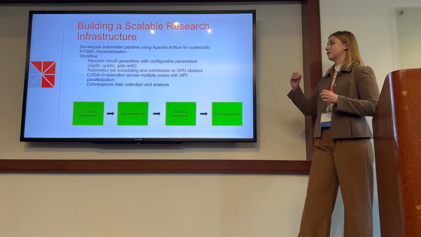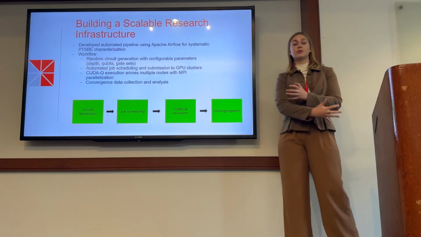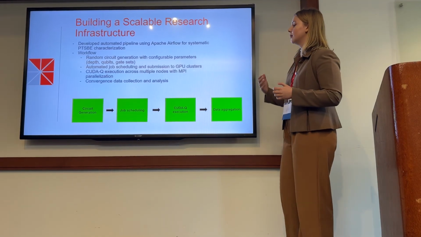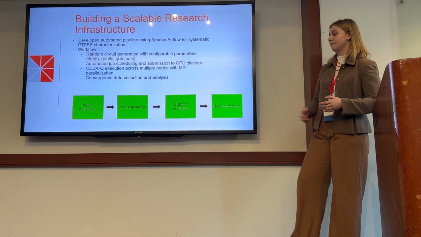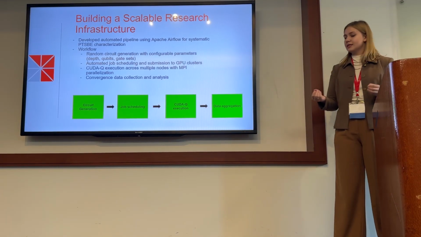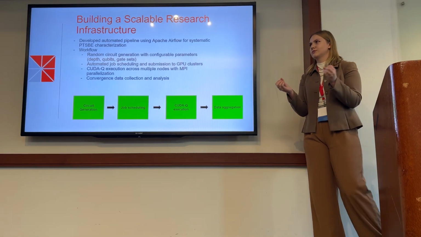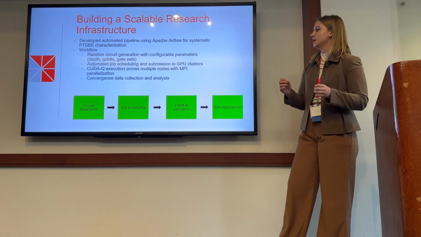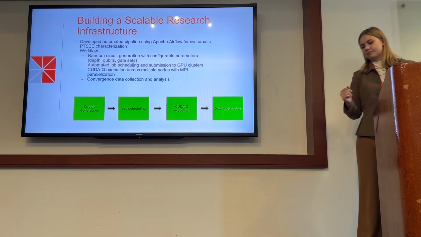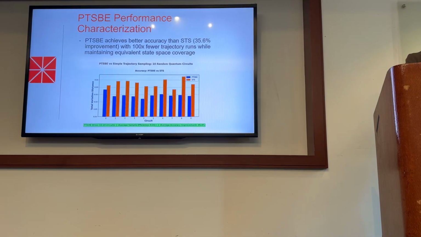This means that we can run hundreds of different simulation experiments, we can sweep through all sorts of different parameters, and we get all of this data without having to manually intervene. So what this means is that we can more systematically see how PTSBE converges.